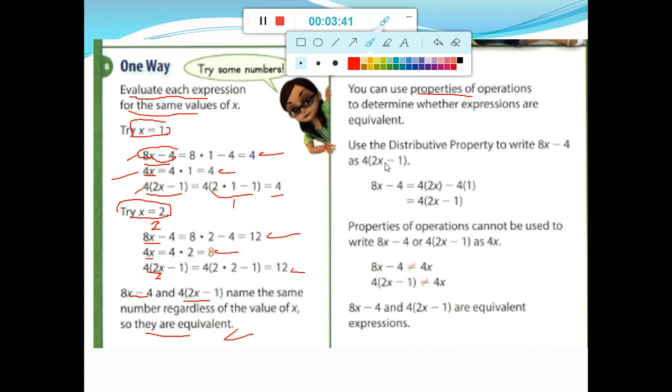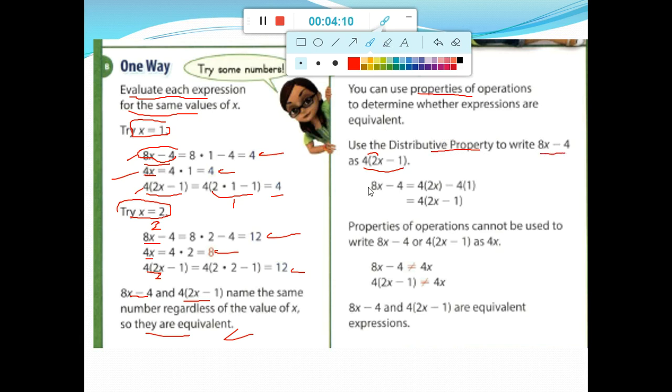We can't use any property, so we go to the third expression, which is 4 parentheses 2x minus 1. Now we multiply 4. We use the distributive property.